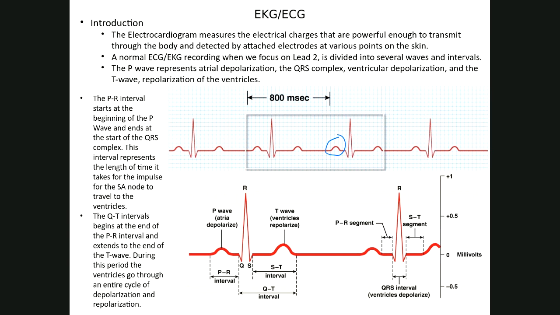And for a P wave, you have to, A, be able to correctly identify which waveform it is, and then B, the significance, meaning what is happening in that time. As you can see here, a P wave represents a depolarization of the atria. So you need to be able to correctly identify all the different waveforms and intervals as well, and the significance of these intervals. And so there's some other information over here on the side of different intervals.